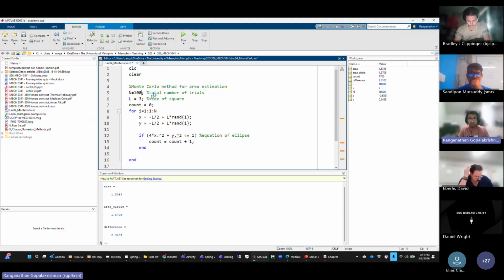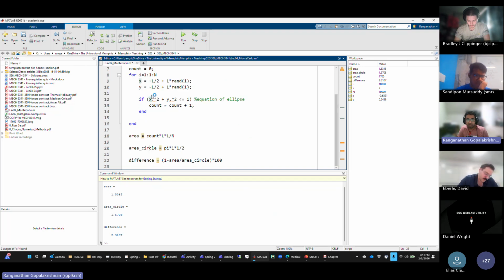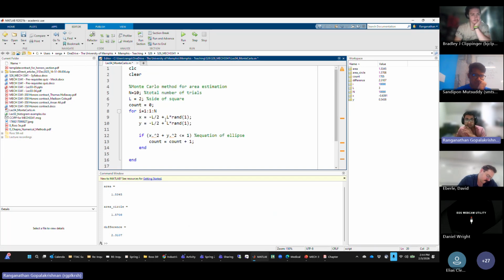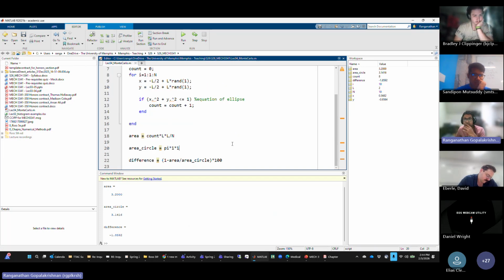Let's say we do only 10 trials and we have a square of side 4, which runs from -2 to +2. And we are trying to compute the area of the unit circle, whose area is equal to pi, or 3.1416. So with only 10 trials, if I run this, I'm getting a success count of 8.